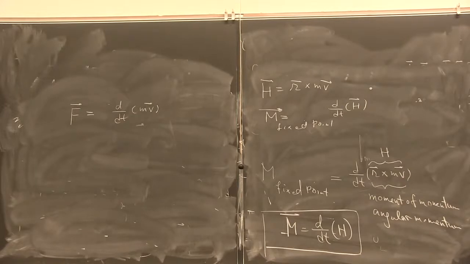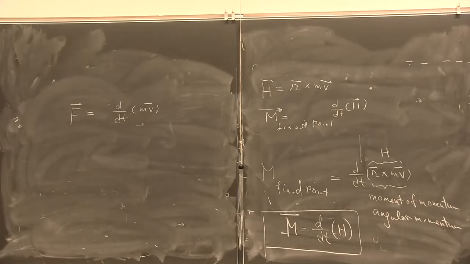But there is no reason to use energy, because energy came from Newton's law. Angular momentum came from Newton's law. Moment equals change of angular momentum; it came from Newton's law. Everything came from Newton's law. So that's the master equation. It looks different, but it's really the same thing.